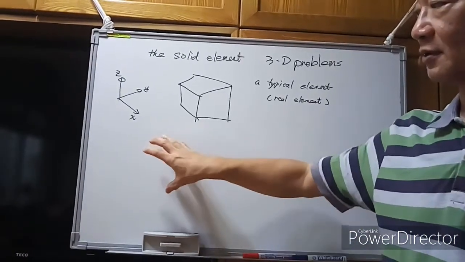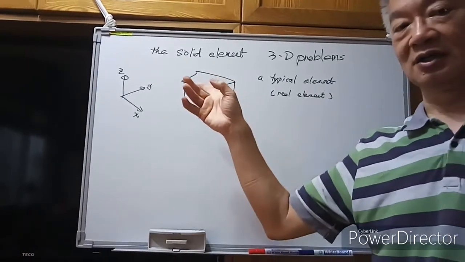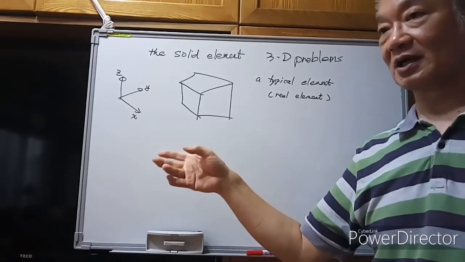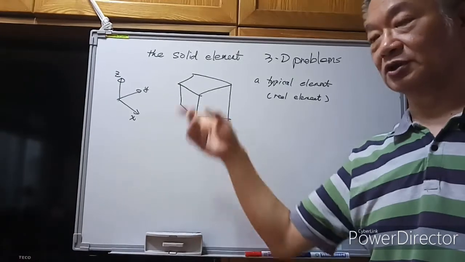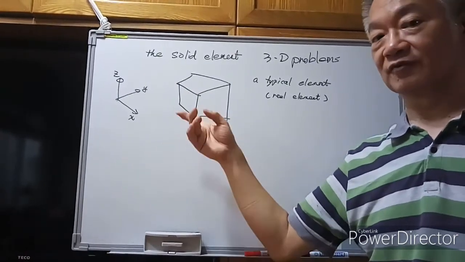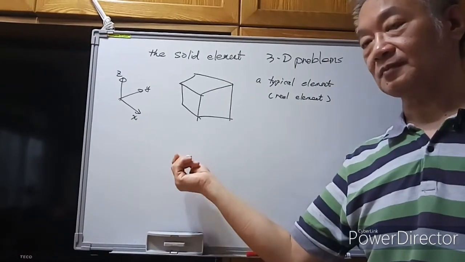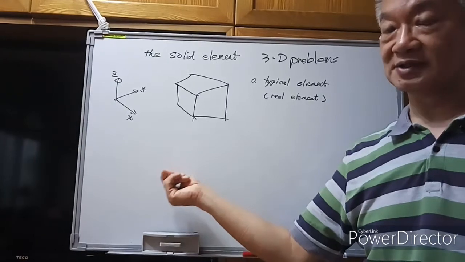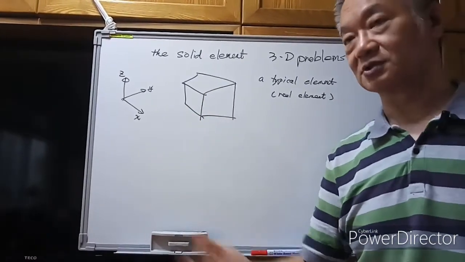We will map the points in the master element back to the real element. At the same time, we not only do the point-to-point inverse geometric mapping, we also send the assumed displacement functions in the master element back to the real element. So that's the procedure.